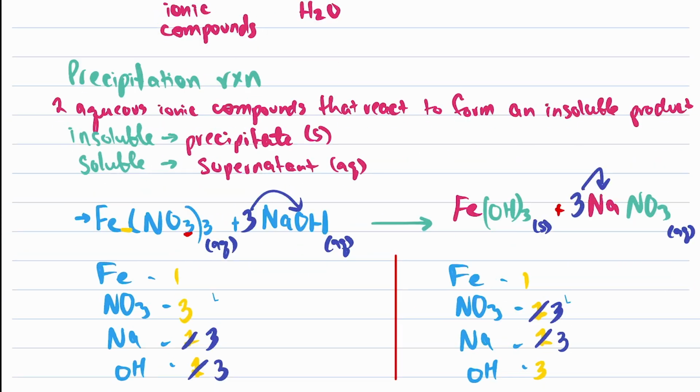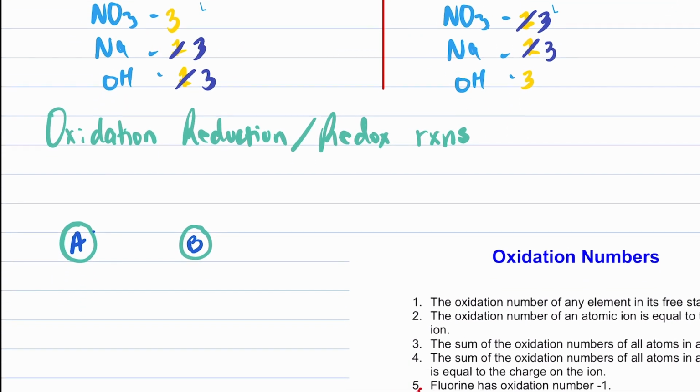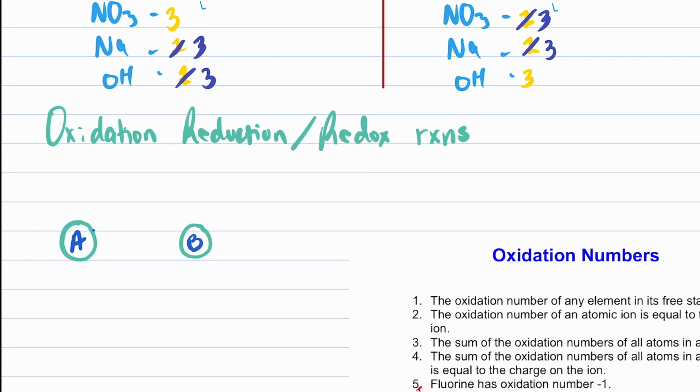Let's talk about oxidation reactions, aka redox reactions. That's my little abbreviation for reactions. In an oxidation reaction, what happens is the transfer of electrons from one element to another.